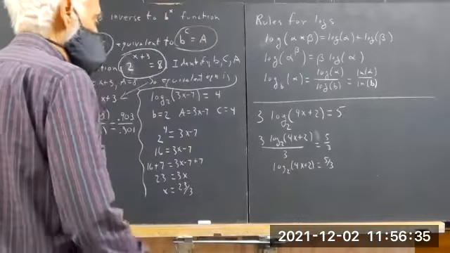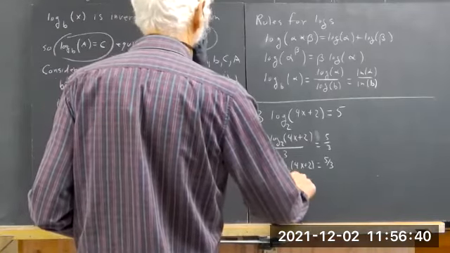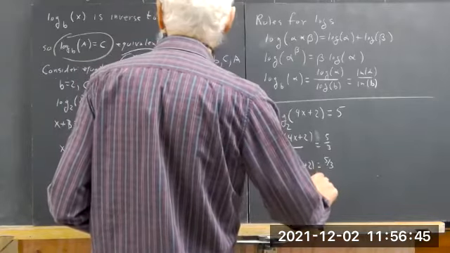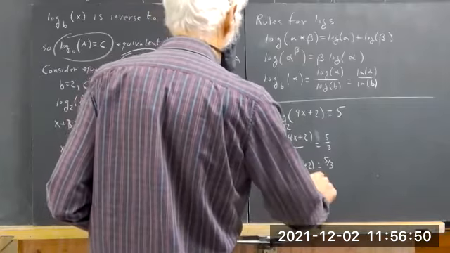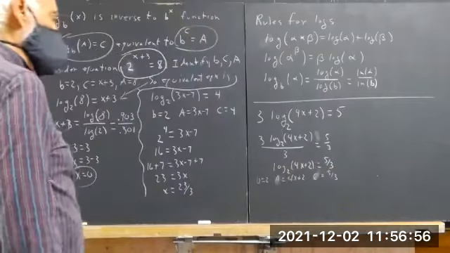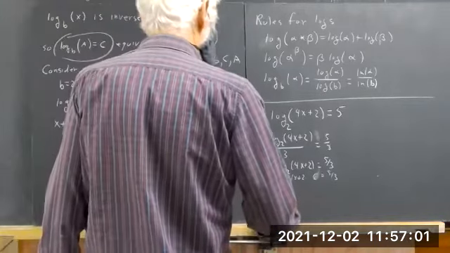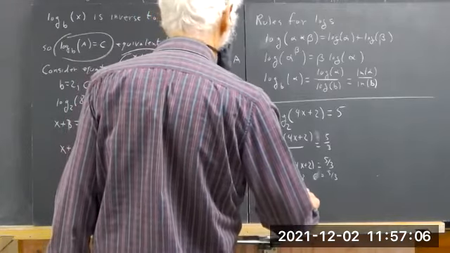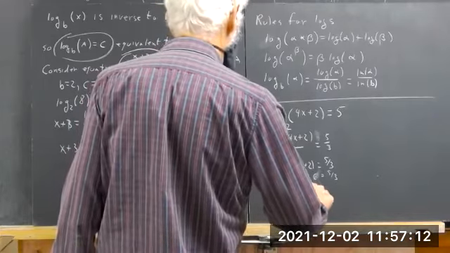Well, we can identify our B, our C, our B and our A, our C. And now we can write this form, which is 2 to the 5/3 equals 4x plus 2.